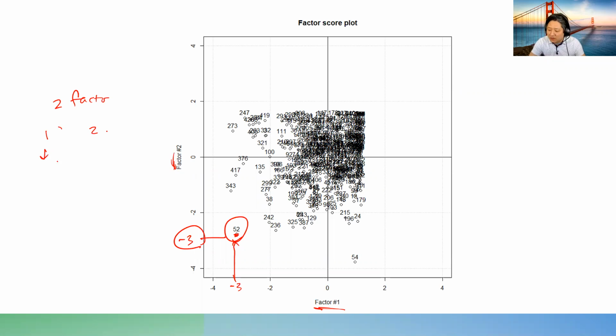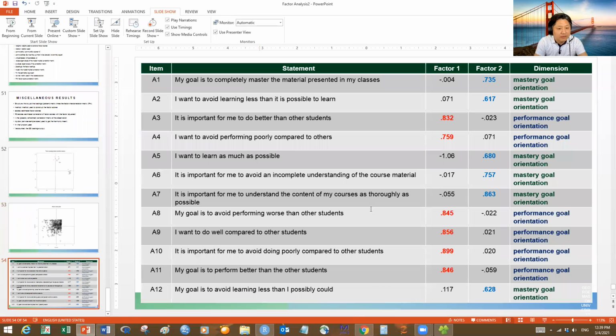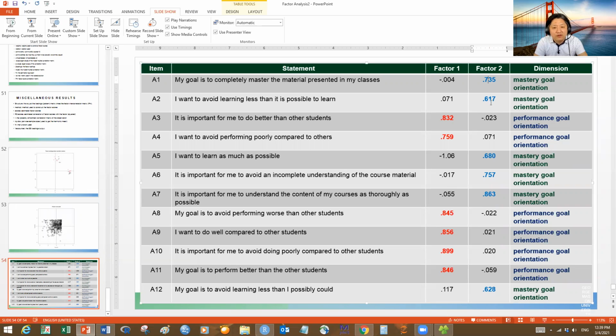What is factor 1? Yeah, factor 1 is the performance goal orientation. Based on this information, we can name it performance goal orientation, and the second factor is mastery goal orientation.